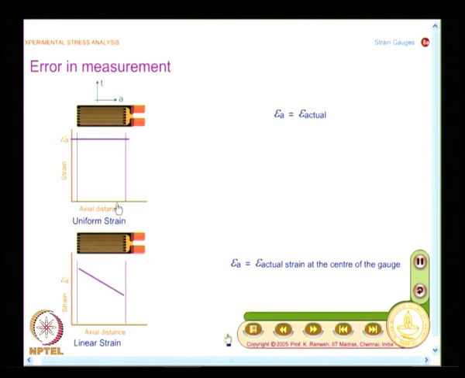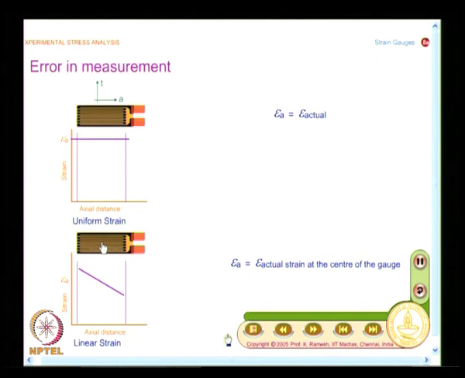Suppose I go to a problem of bending, where strain varies linearly over distance, even there the gauge length does not play a role, because the average value of this will match with the strain at the center.